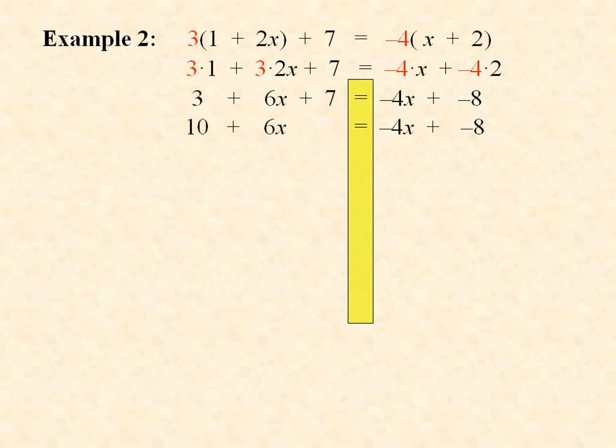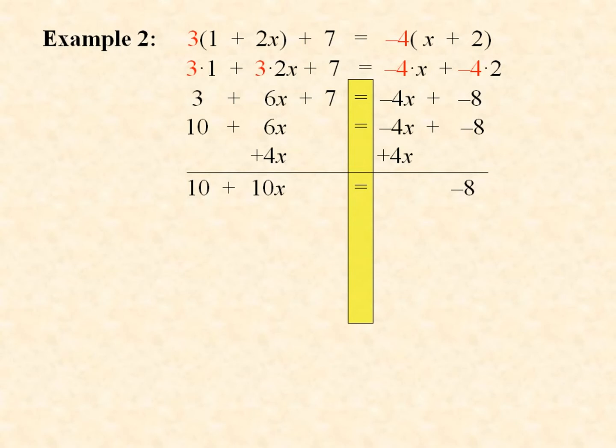We need to eliminate the x from either the left side or the right side. The right side contains negative 4x. I hate negative numbers, so let's eliminate the negative 4x. We will add 4x to both sides. That cancels the negative 4x on the right. Then we have 10 + 10x = -8.